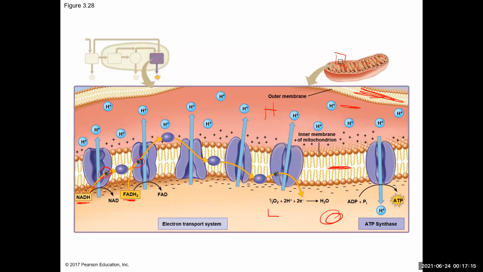And then once those hydrogen ions are pushed in that space between the outer and inner membrane, this gradient is set up. So now these hydrogen ions want to diffuse back in passively, but they can't down here because these proteins only let hydrogen go one way, out of the inner membrane.